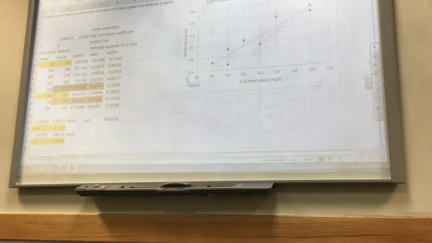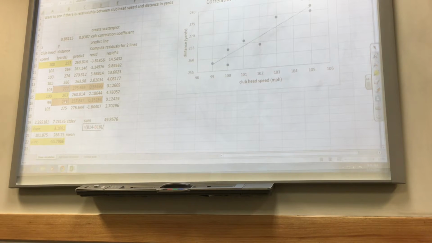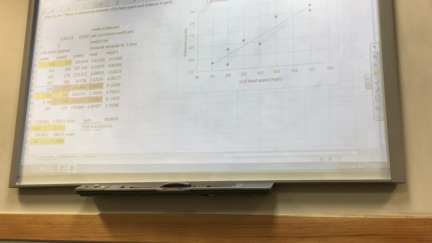I'm going to do it my old-fashioned way. So she says, I'm going to find the slope: y2 minus y1 divided by x2 minus x1.